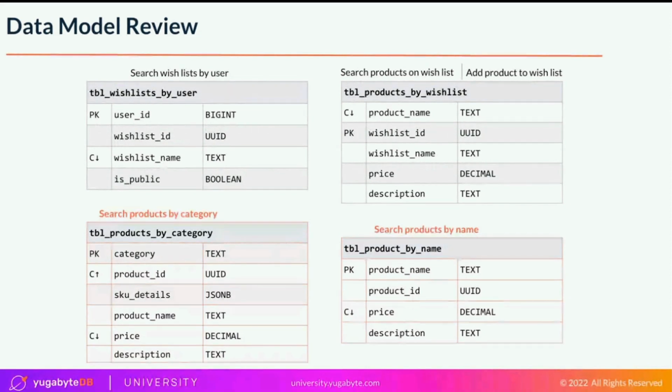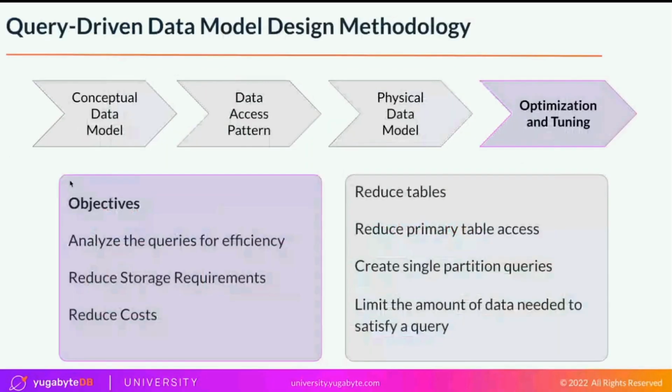So in the next step, we're going to really optimize that data model in order to reduce the number of redundancies. And once again, just remember, more tables means more sources of data to maintain, which means more costly writes. All right, so in the next slide, we're going to talk about the optimization and the tuning of our data model.